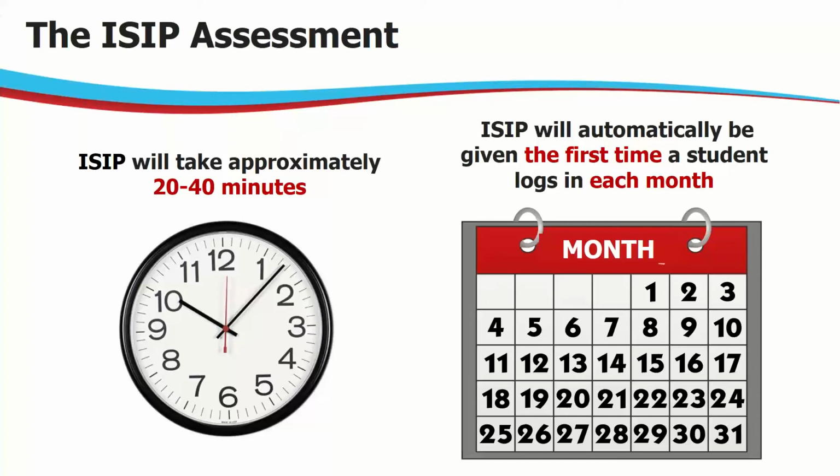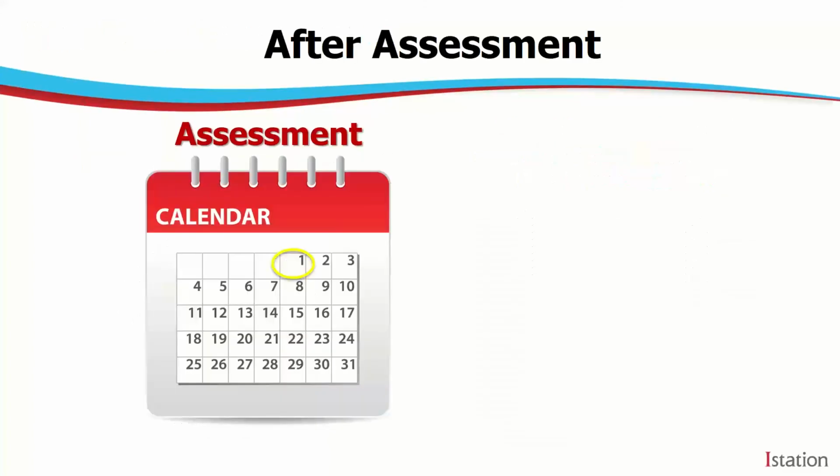So for example, today is September 3rd. If they were to log into iStation today, and I know that the district has made recommendations that they wait until September 12th to log in, but if they were to log in today, they would be given an ISIP assessment. And for those of you that are K-3 teachers, before they would just take the assessment, they would log off of iStation and not touch the application until the next month.